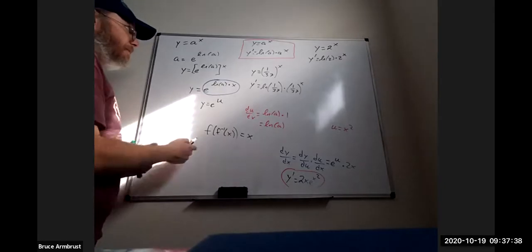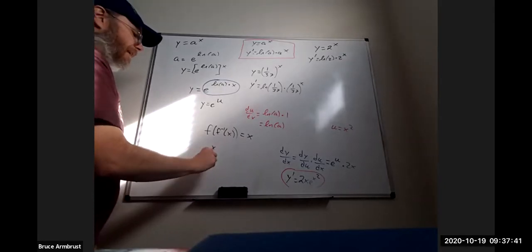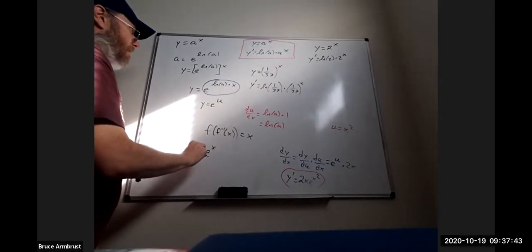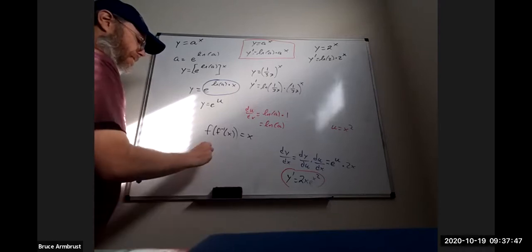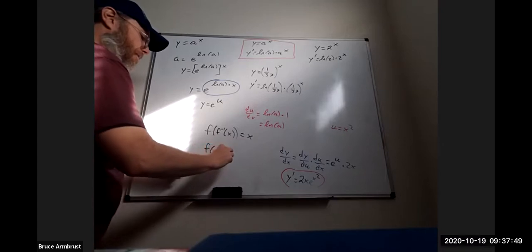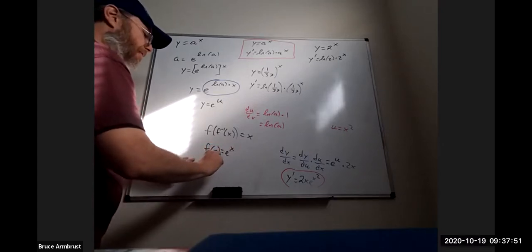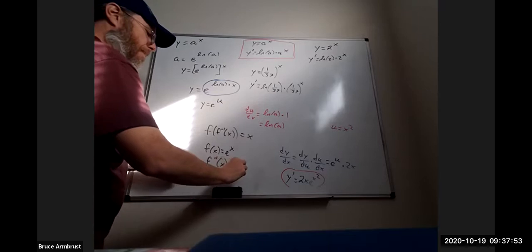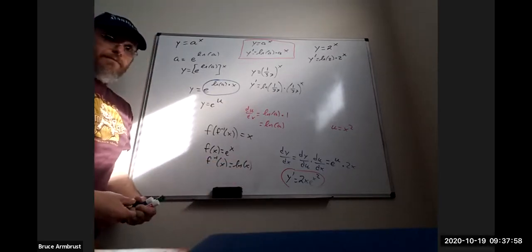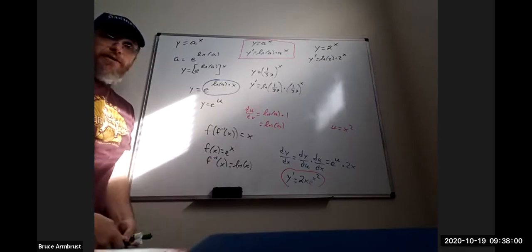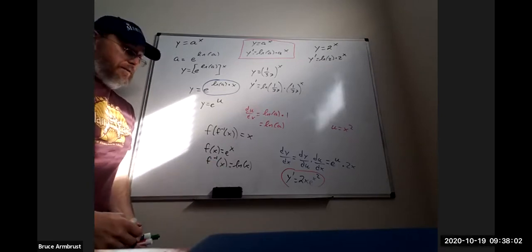And so I'm using the fact that e to the x, let's call that guy f. Then f inverse is the natural log of x. That's kind of the whole point of logarithms, is the inverses.